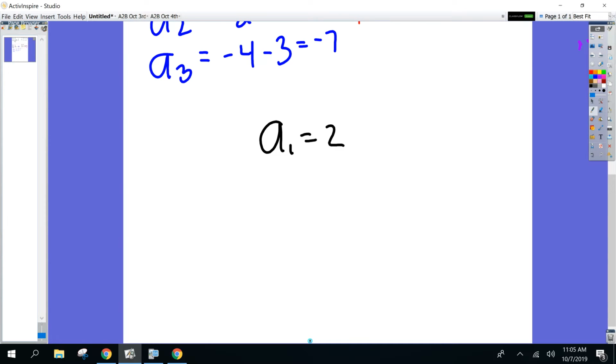a sub 1 equals 2. a sub n equals 2 times a. Oh, hold on. I'll give you the second term too, is 10, and then I'll do this.